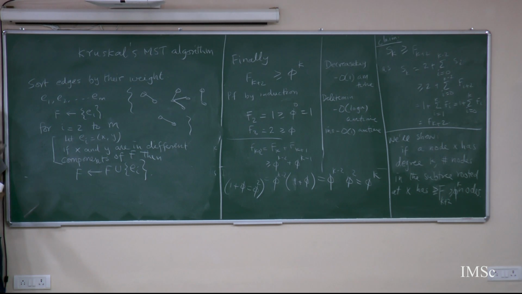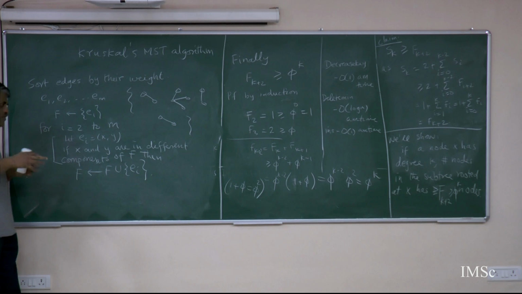So what do I want to store? What is my object which I want to store? There must be some representation of the components. So I just represent each component somehow. One more step: note that even the edges in the component don't really matter for me. What do I want to store? The vertex set of the components. Edges are important because finally I have to output them, but that's okay.